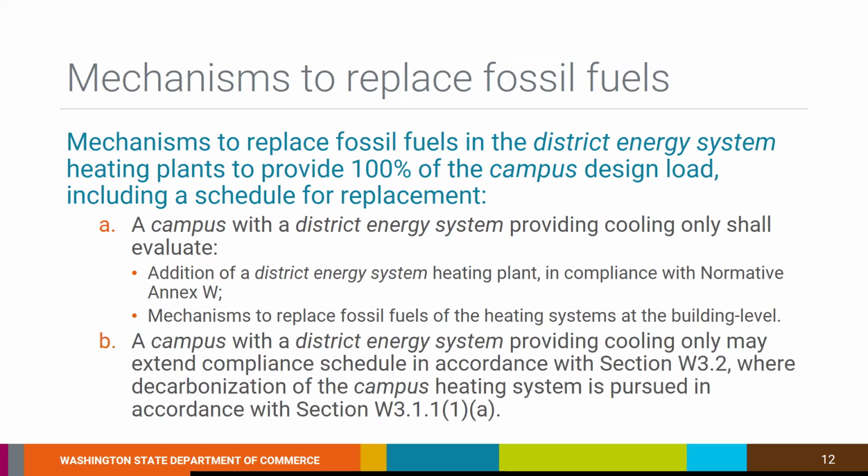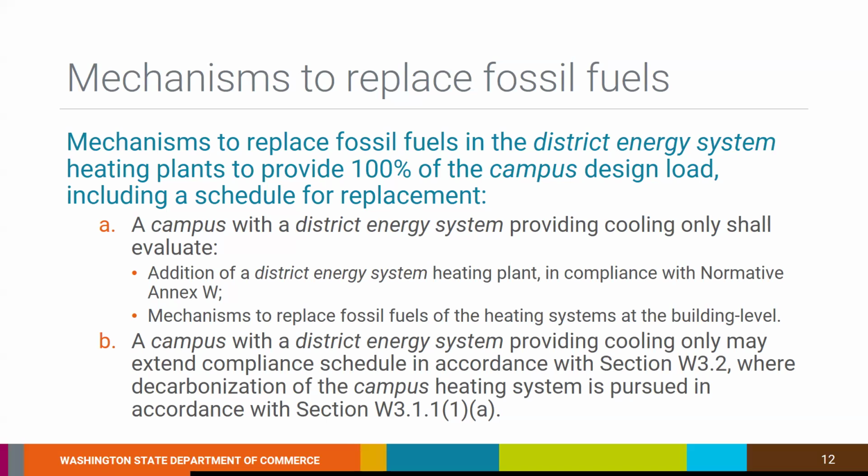Again, state campus: 5 buildings or more with 100,000 square feet of aggregate gross floor area or more. State campuses are required to comply with this standard. Campuses can opt in and choose to comply through Annex W, which is what we'll refer to as the House Bill 1390 decarbonization requirements.